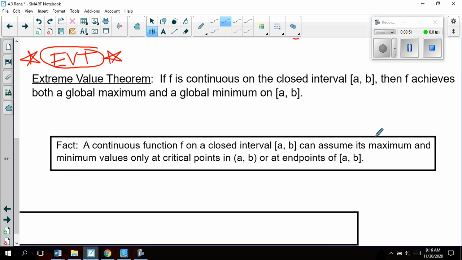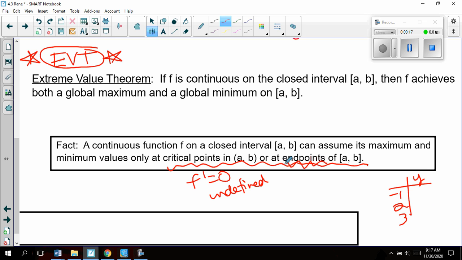If it's continuous and it has that maximum value, they have to be at either critical points or the endpoints. So where your derivative equals 0 or is undefined, or at those endpoints. And we've done this when we made that table. Like your endpoints were -1 and 3, and you had a derivative that equaled 0 at 2, and then you plugged those into your y and got your output. So you really have been doing everything we're talking about today already. We're just going to formalize it.